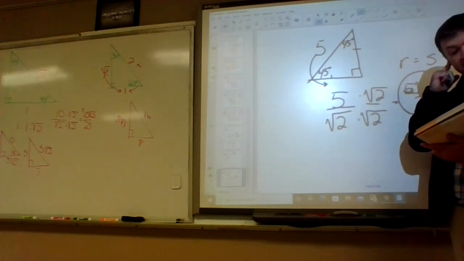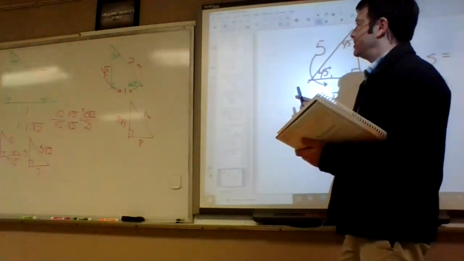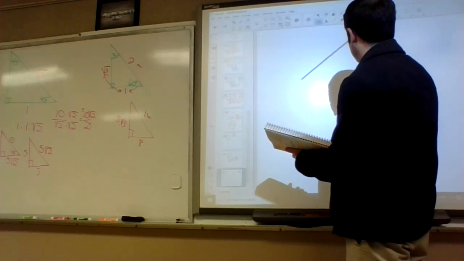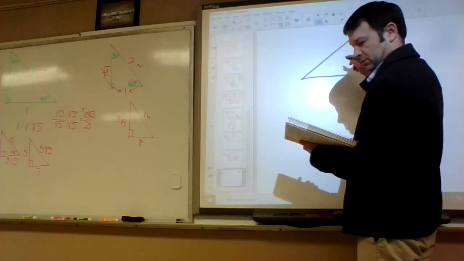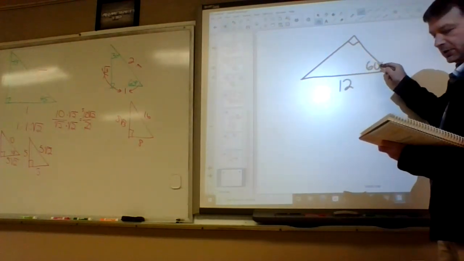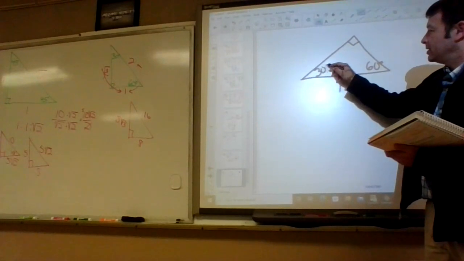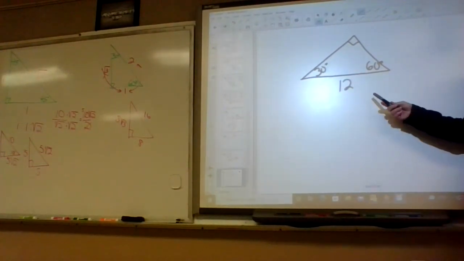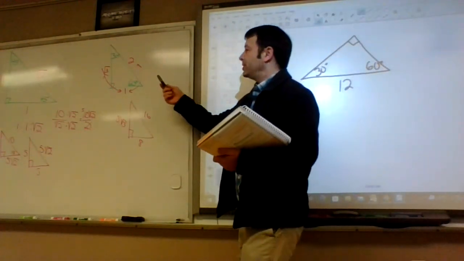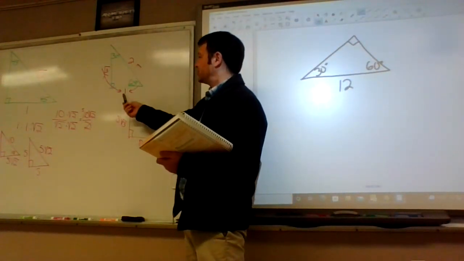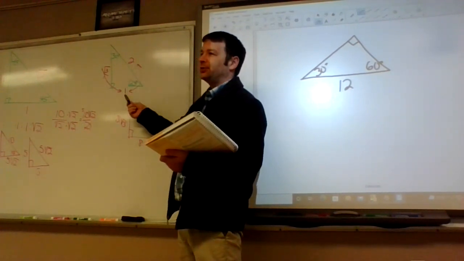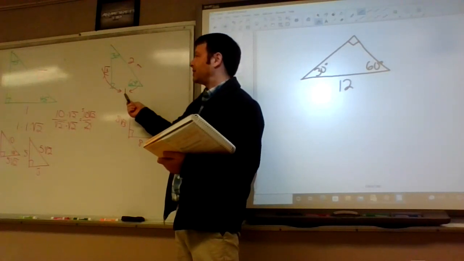Where are we at? Number 5? Okay, 5, they switched it to a 30, 60, 90. So that must be 30. Okay, 12 is on the hypotenuse. What you want to do on the 30, 60, 90s is always go through the short leg. So if the hypotenuse is 12, do you know how long the short leg is going to be? 6.